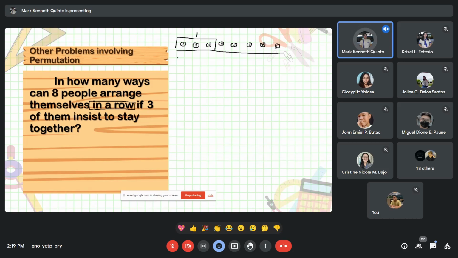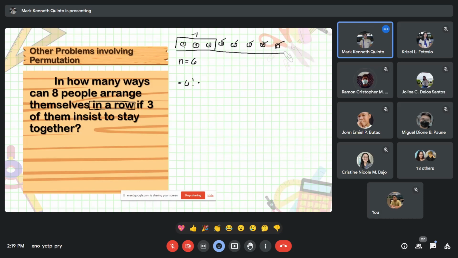Now, therefore, the value of our n here is, kung we count them as 1, meron na tayong 1, this is 2, 3, 4, 5, and 6. Therefore, the value of our n is 6. And we can write it as 6 factorial. Pero hindi pa tayo dyan nagtatapos. Because now, I want to ask you, between the 3 persons who insist that they have to sit together, meron pa ba arrangement o wala na?